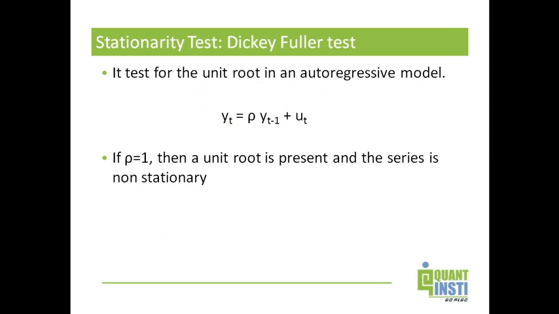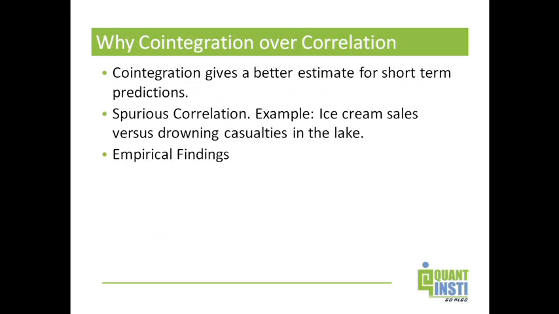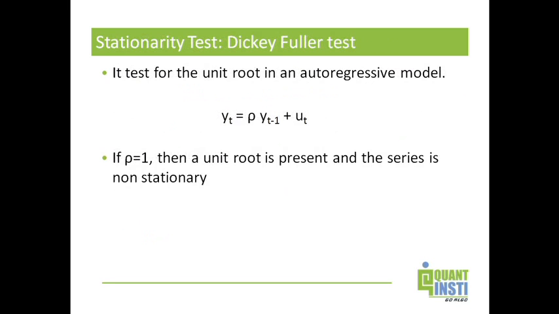In that case, you would not be able to eliminate the non-stationarity from the model, right? So the idea is that we want to derive a stationary series which we can use for predicting the model, right?